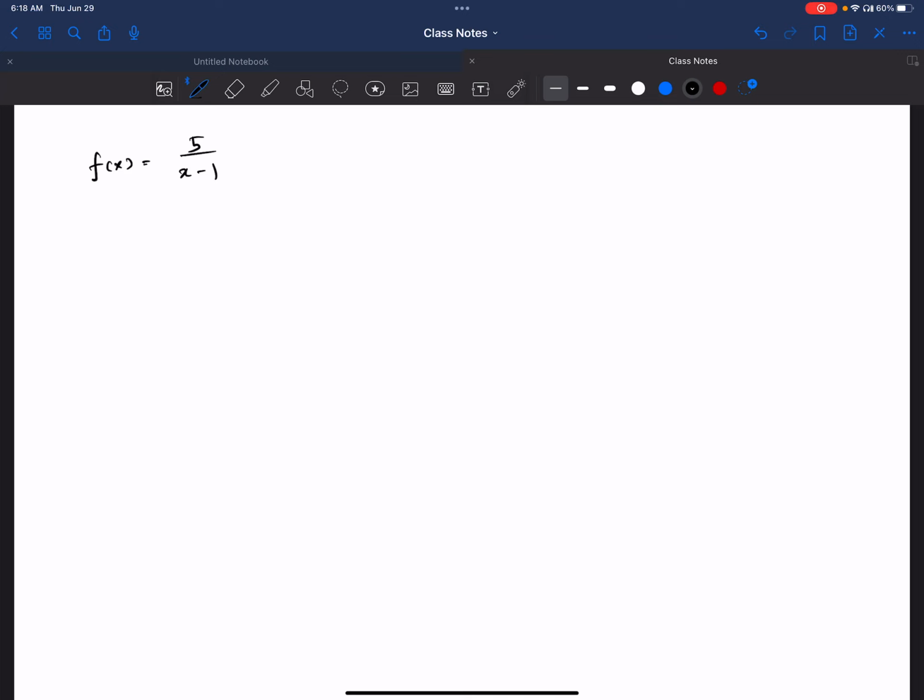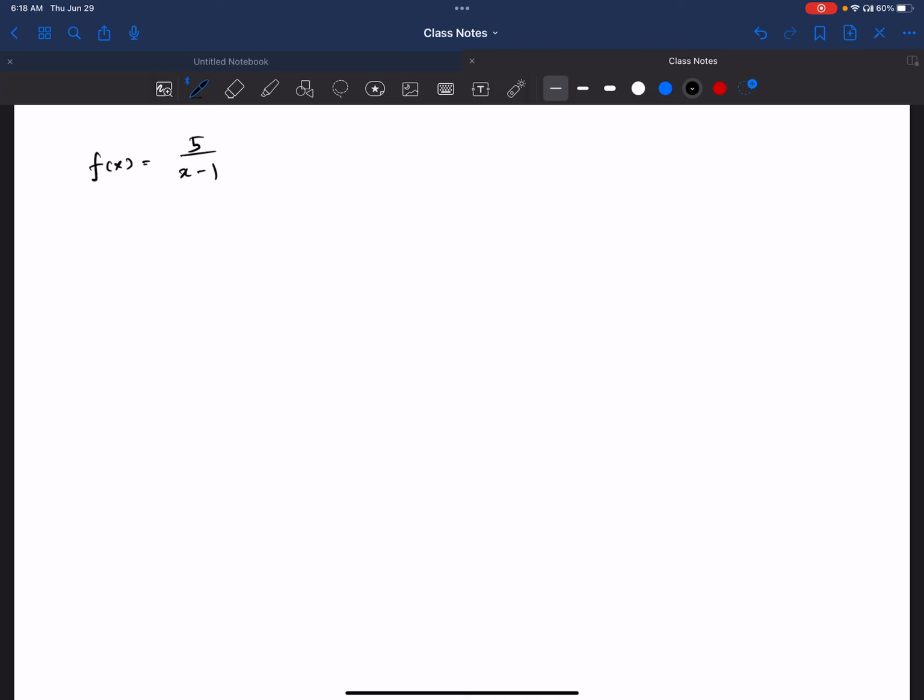So we can do the vertical line test if we know what the graph of this function is.